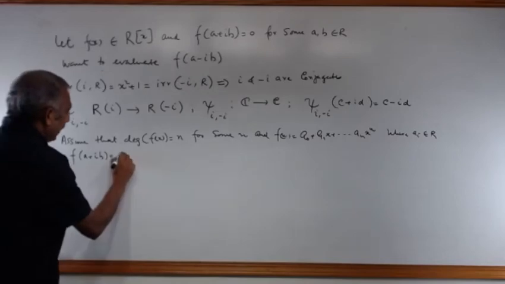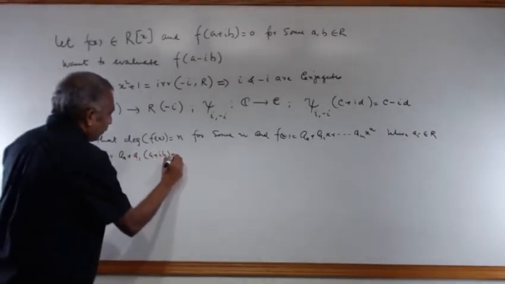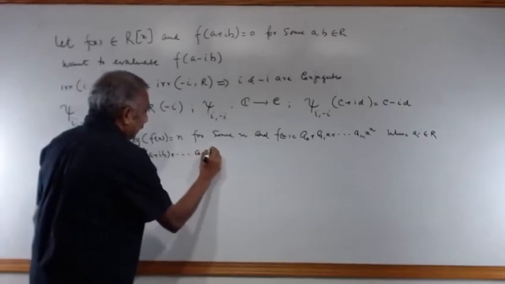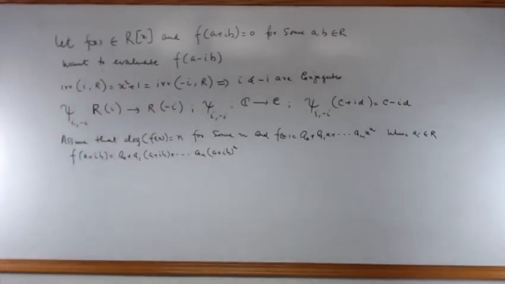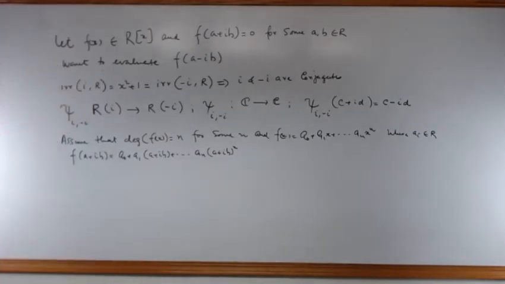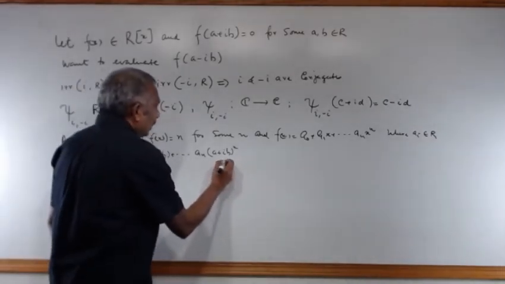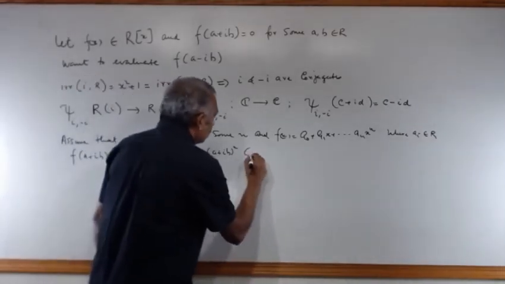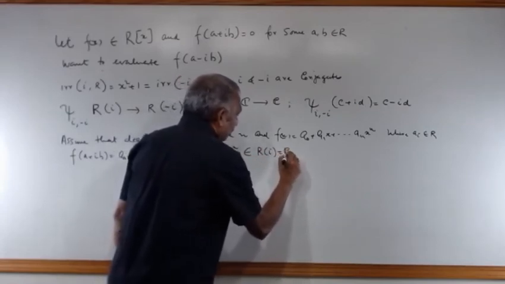It is a0 plus a1 (a plus ib) plus ... an (a plus ib) to the power of n, replacing x by a plus ib. And where does this belong? This belongs to R(i), which is equal to C.